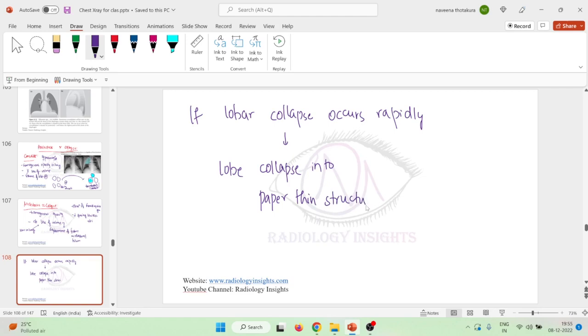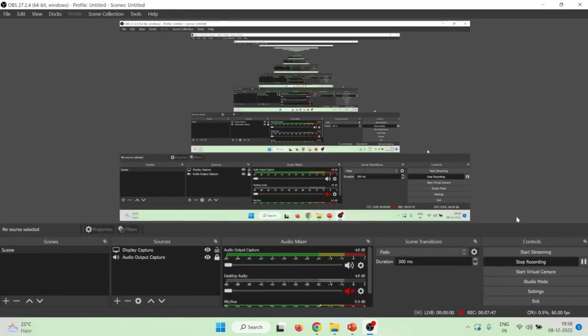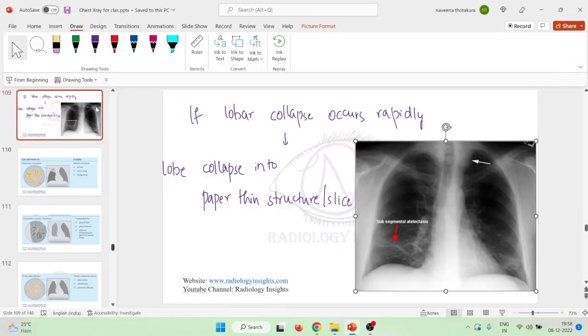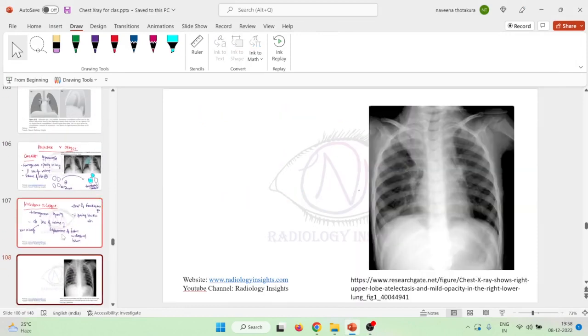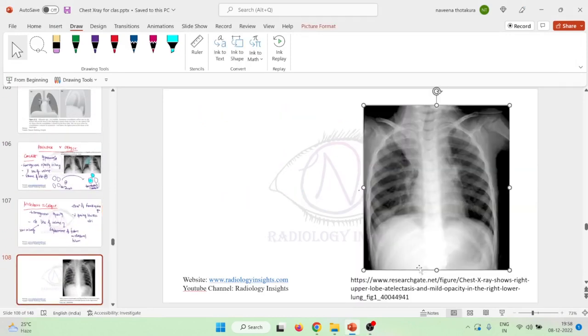That means normally in atelectasis, this whiteness that you see will not be seen in this situation. So if you see here, this is the normal atelectasis picture, atelectasis of the right upper lobe.